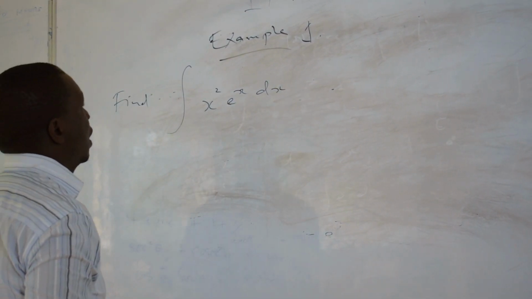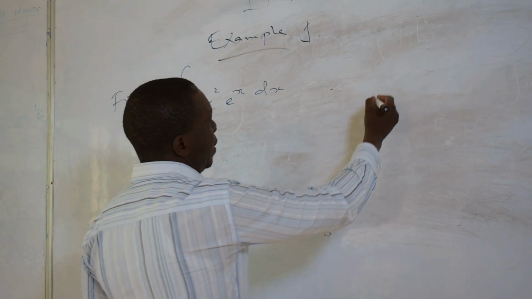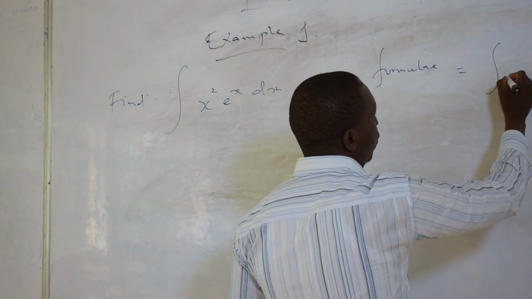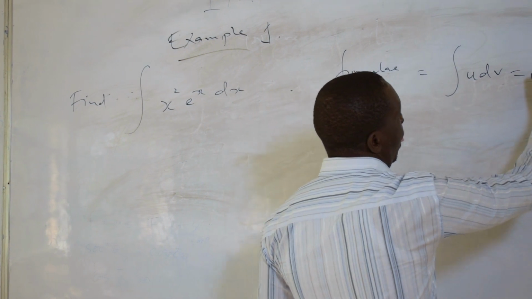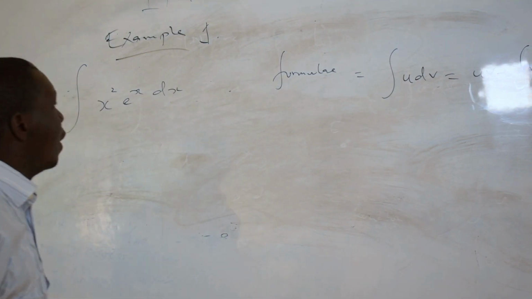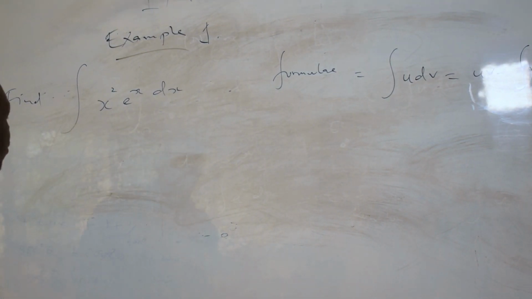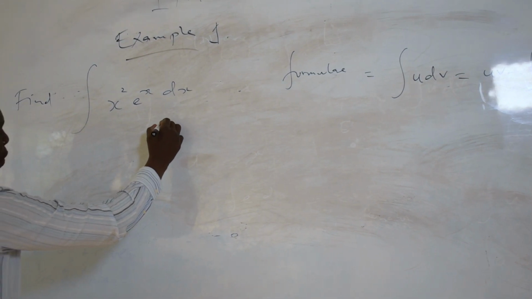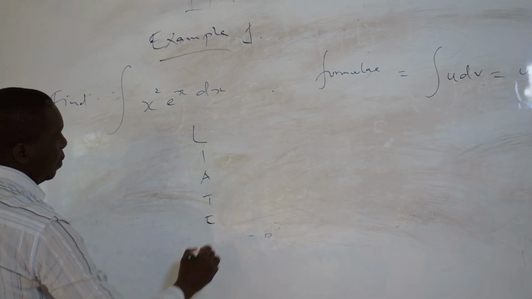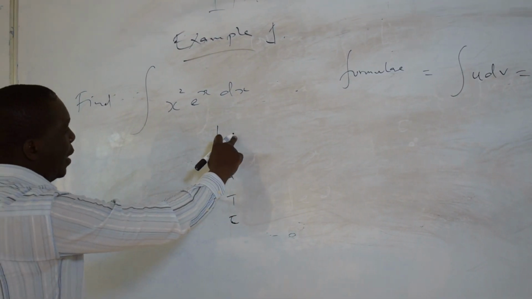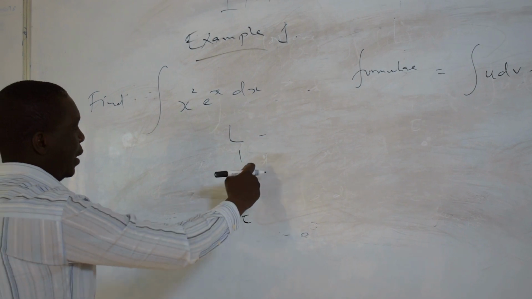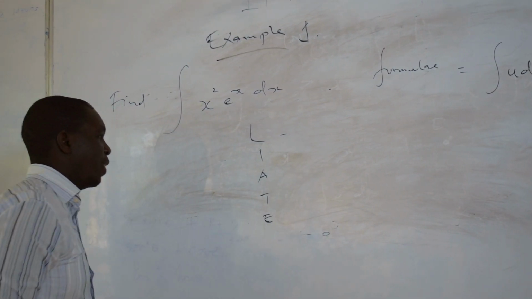The formula for integration by parts is the integral of u dv equal to uv minus the integral of v du. Now we employ the idea of LIATE.